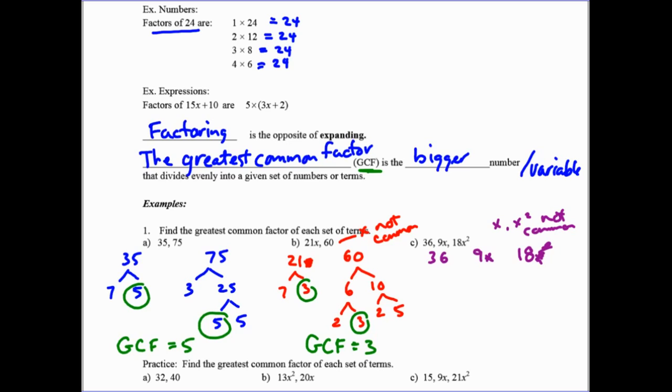So what is 36? Well, 36, an easy way could be 6 and 6. Can we break down 6 further? Yeah, 2 and 3. And that's both of them, right? 2 and 3. What does a 9 break down to? Well, 9 breaks down to 3 and 3.